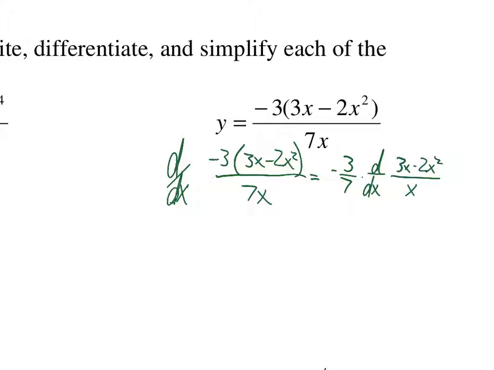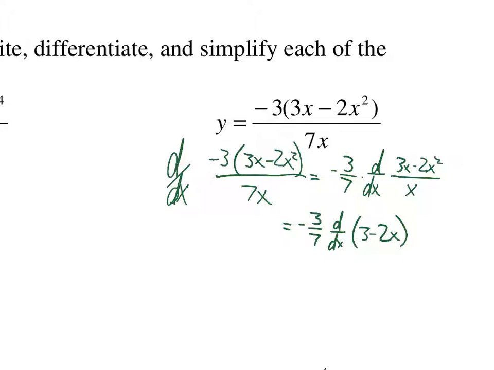If we can avoid it, let's do it. Because there's only a monomial in the bottom, I can rewrite it by dividing. What's 3x minus 2x squared divided by x? 3 minus 2x.